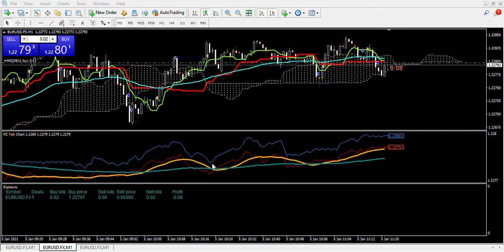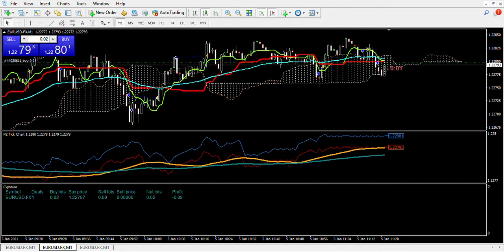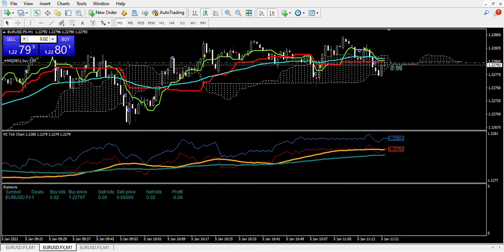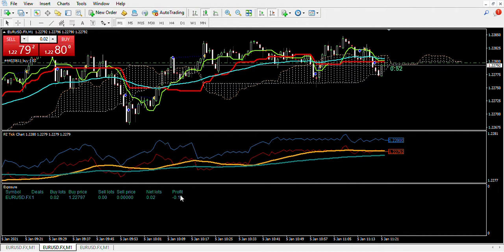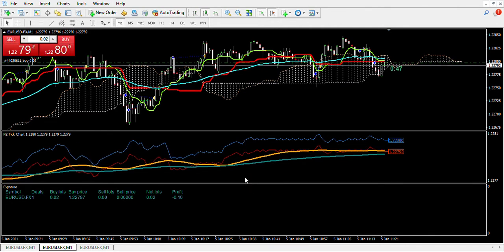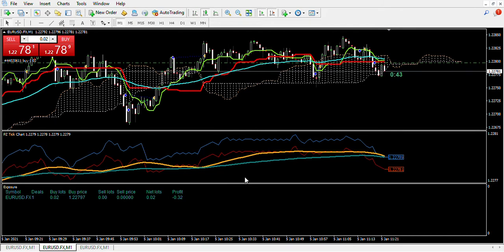Let's try a 20 70 and see how that pans out. Well, it looks like we are maybe getting close to making a profit. Just gonna maybe try to make a dime off this thing if we can.